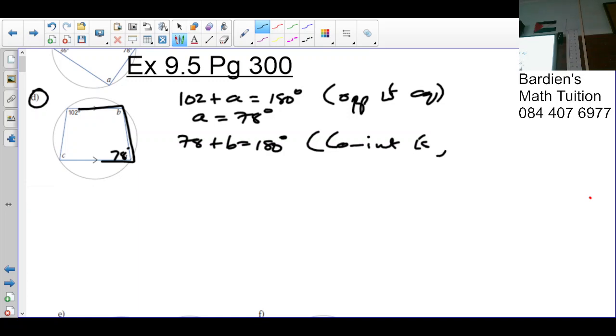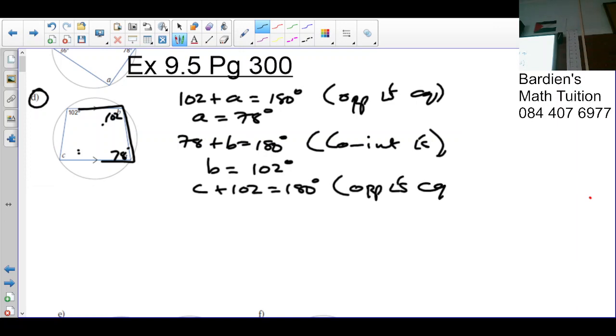No. So I just write co-interior angles. So B is then going to be 102 degrees. Are you going to calculate C? Also co-interior or opposite angles of a cyclic chord. So C plus 102 equals 180. Opposite angles of a cyclic chord. So C works out to be.